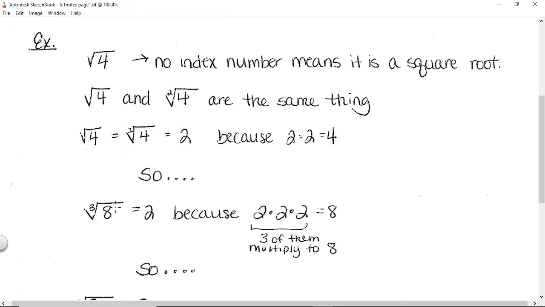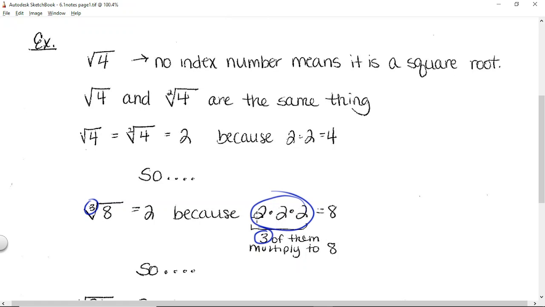And so the cube root of 8 equals 2. Cube root being the radical with the index 3. Okay, that's 2 because 2 times 2 times 2 here, 3 of them multiply to 8. So you have 3 multiplying because the index was 3.